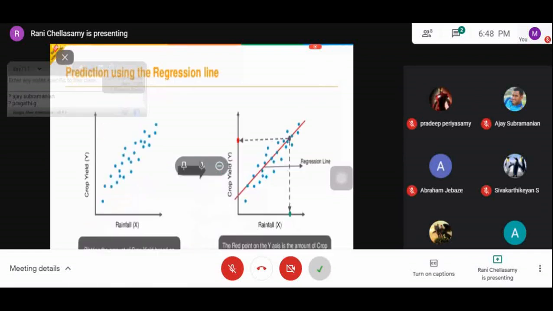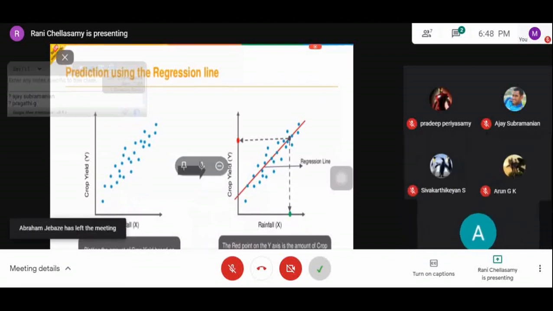The first example we have seen, the crop yield is the dependent variable. So we have to predict the crop yield based on the rainfall values. Okay, so here rainfall is the independent variable and the dependent variable is crop yield, and we have to plot the amount of crop yield based on the amount of rainfall. Okay. So here in the second picture, you can see the red point and the green point.